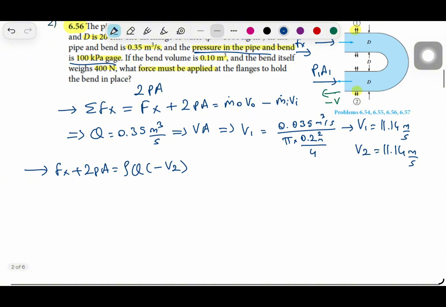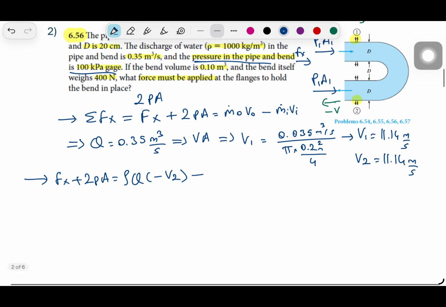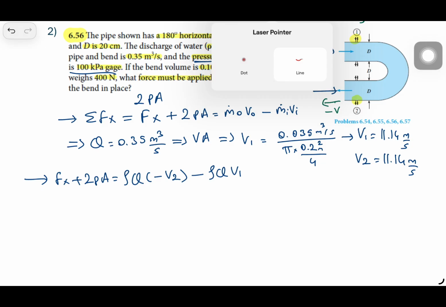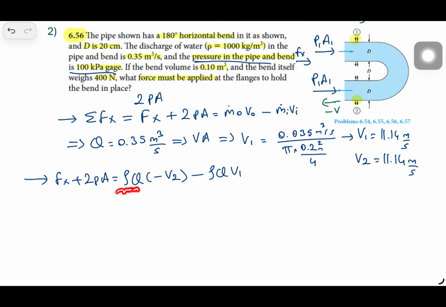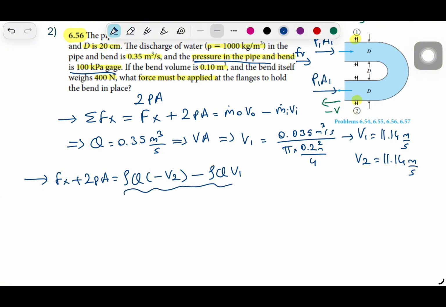So we have minus V2. And since it is out minus in, we will also have minus rho Q V1. So Q is same, rho density is same, so that we can actually write Fx is equal to minus 2PA minus rho Q and V.